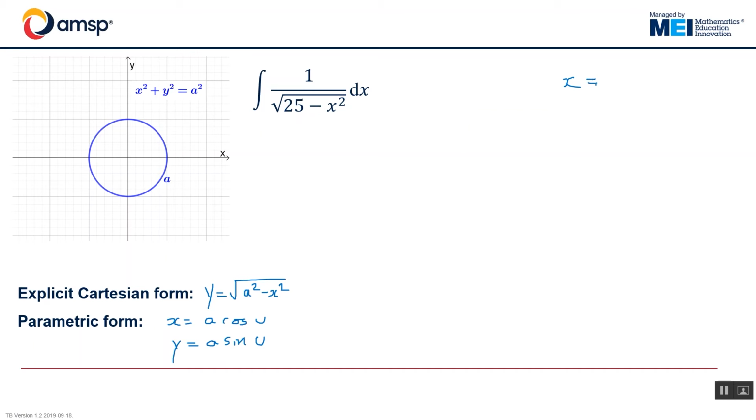So I've got x is equal to 5 cos u. Therefore, dx by du is negative 5 sine u. So my integral becomes the integral of 1 over, I can replace all of this with my expression for y, which is 5 sine u. Dx is negative 5 sine u du.